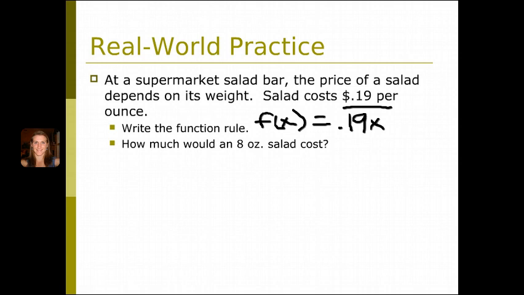With this function rule, 0.19x, we could compute how much an 8-ounce salad would cost. The 8-ounce salad would cost, we would do 0.19. Instead of x this time, we're going to put in parentheses 8 for the 8 ounces.